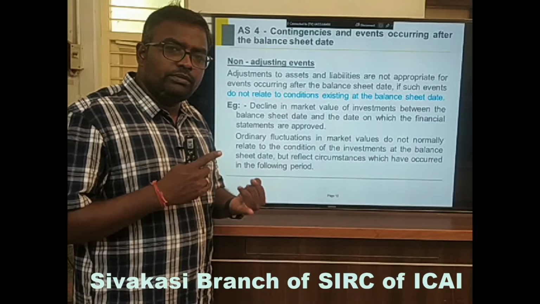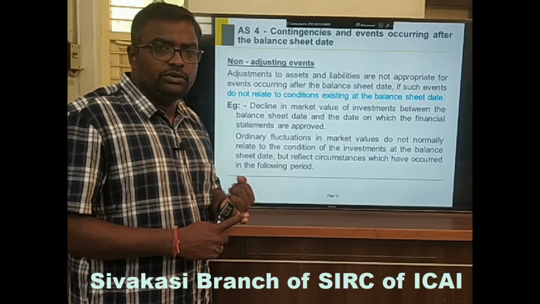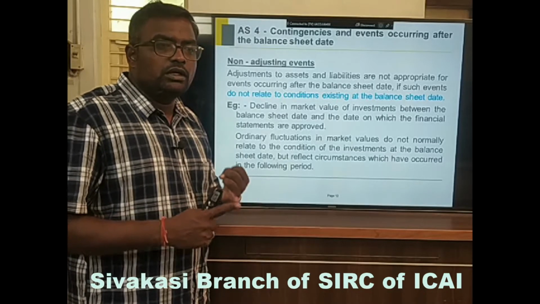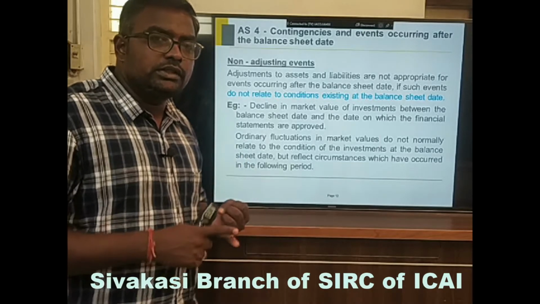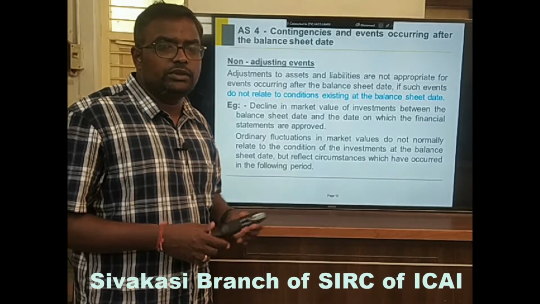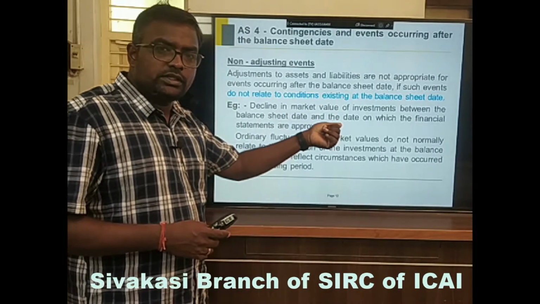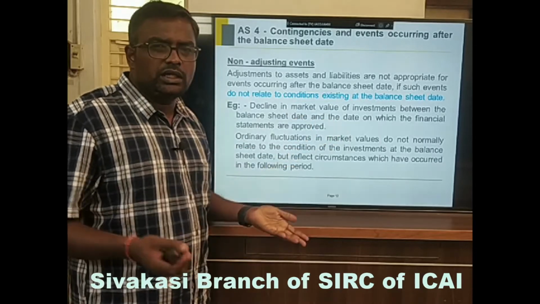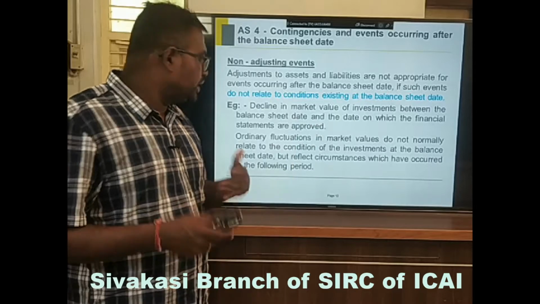In order to make an impairment or reduce the investment value for a non-trade investment or a long-term investment, you need to see whether it is a permanent decline in the value of the investment. So just a decline after the financial statement period doesn't warrant an adjustment to the investment value. So this is considered a non-adjusting event.